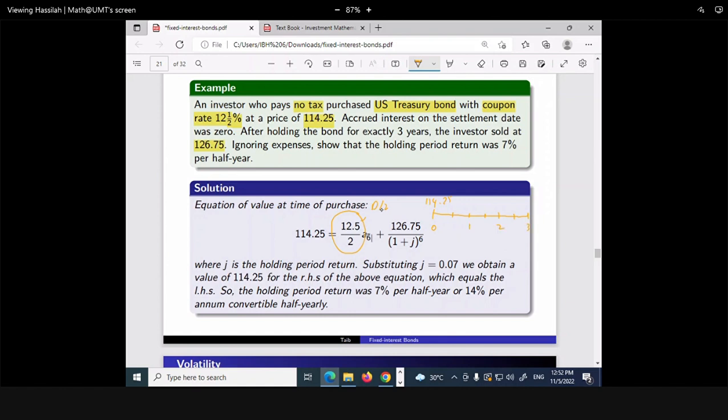Dekat sini dia dapat RM12.50, RM12.50, RM12.50, RM12.50. Yang last one adalah RM12.50 dan dia jual terus bond pada masa tu dengan harga 126.75 sen.